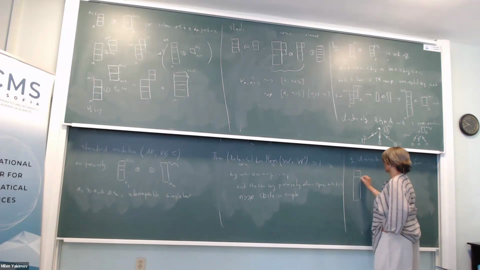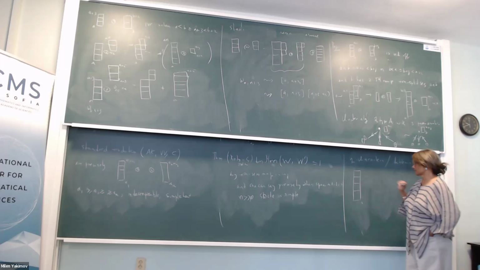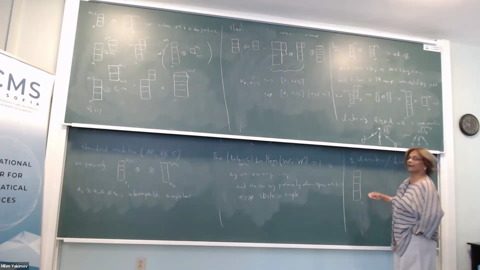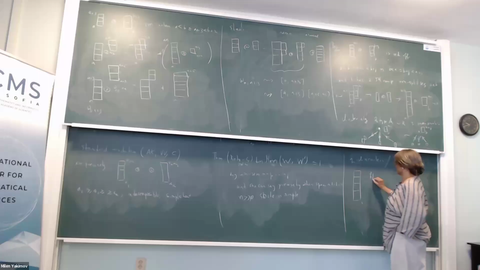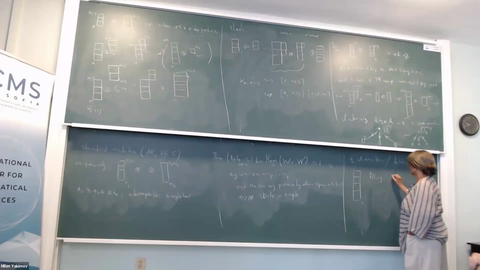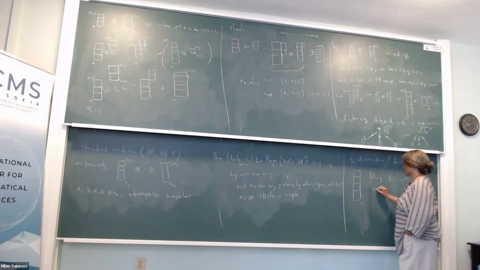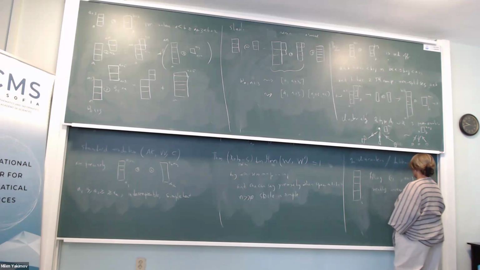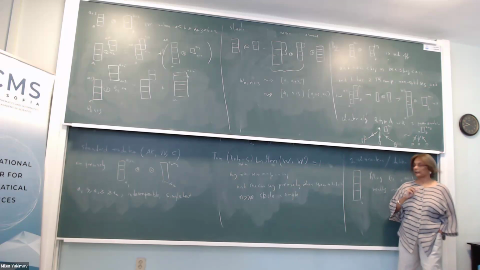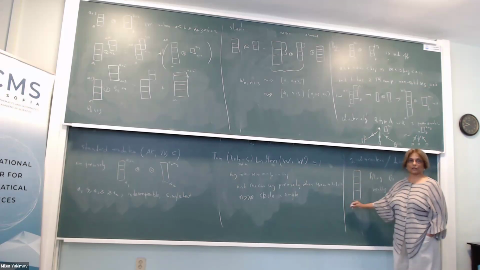If you just take a column of length i, I'm going to do something slightly unorthodox, but it's helpful for me: I'm going to fill this with the integers from 1 up to n plus 1, and it's going to be weakly increasing. Is this i or k? This is i. So this is just a column of length i.